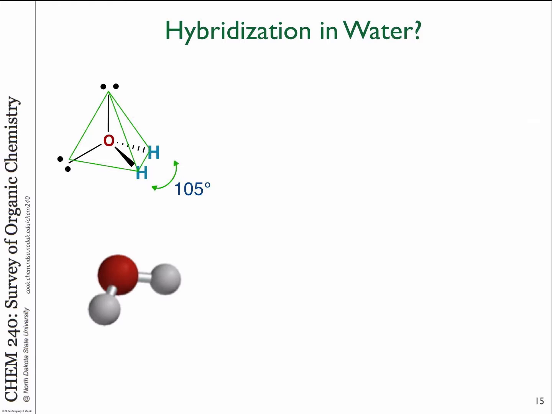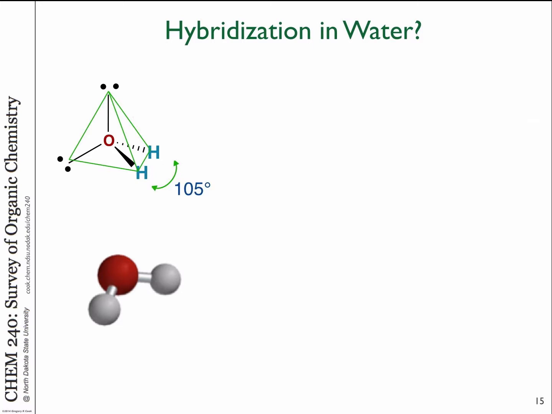So again, what would you predict then the hybridization of oxygen to be? What kind of orbitals are they? sp3, right. All those orbitals, we still have to have 4 orbitals that are filled, and to be a tetrahedral structure, they have to be mixed with 1 s and 3 p's to make 4 equal kinds of orbitals.